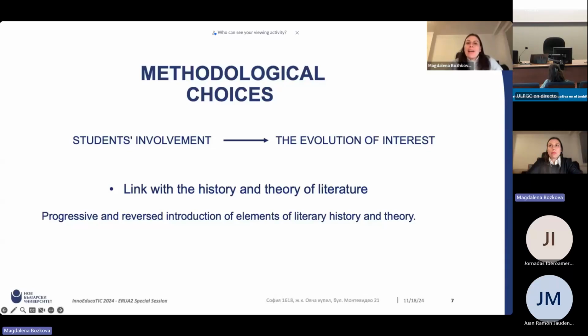But if I have the audacity to claim innovation in the educational process and methodological techniques, it is particularly in the progressive and reverse introduction of elements of literary history and theory. On the progressive side, I already explained the whole process. As students progress, they come to realize that the tools offered by literary theory are extremely useful.